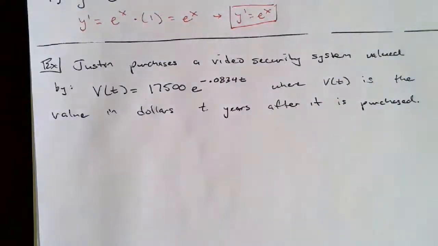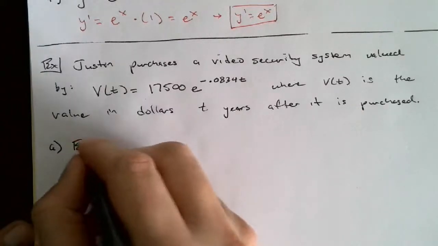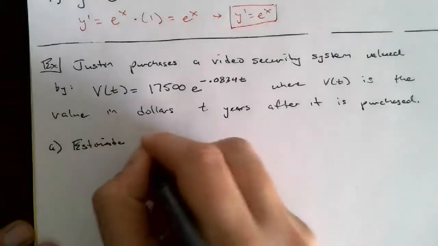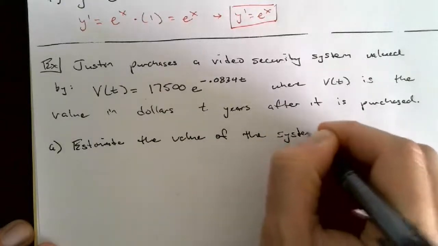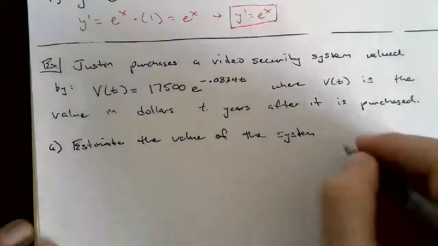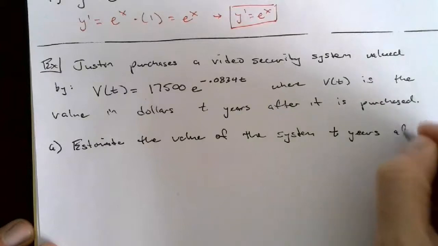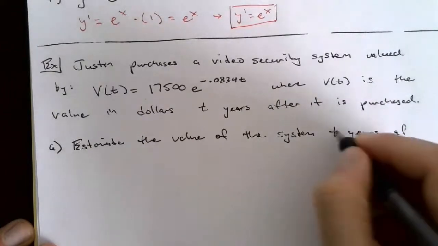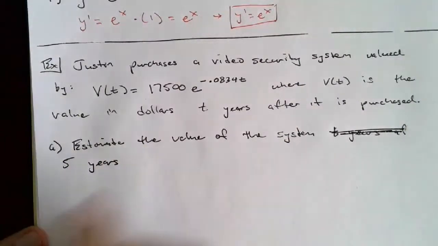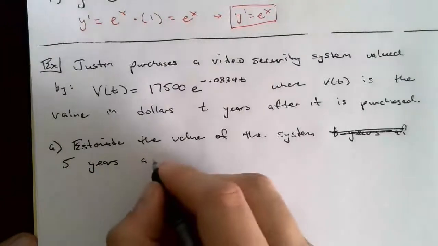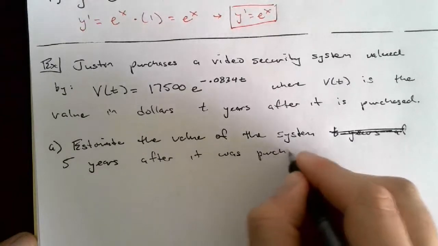Alright, so they're giving us this function v of t. And the first question we'll ask is: estimate the value of the system 5 years after it was purchased.